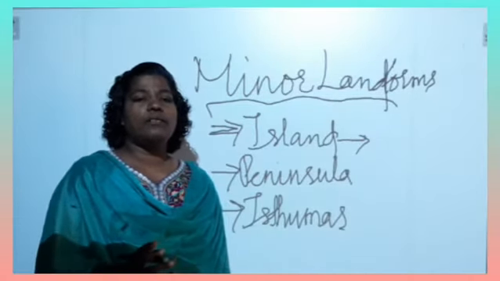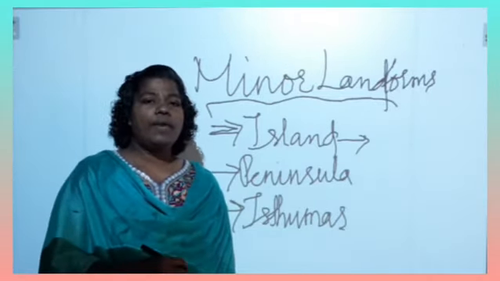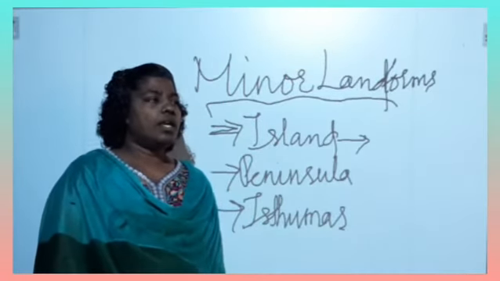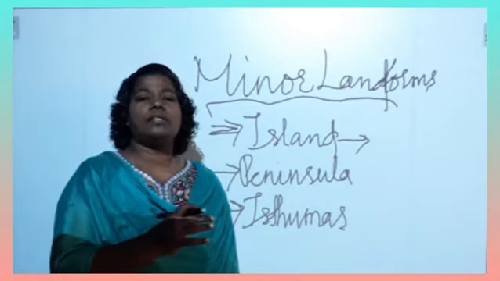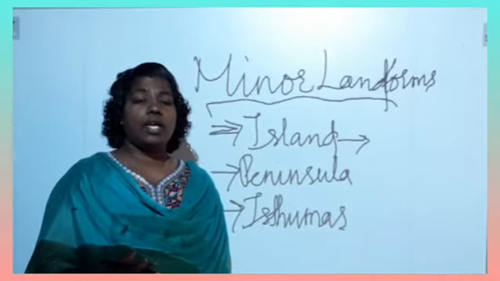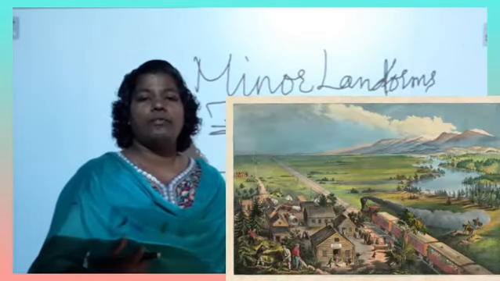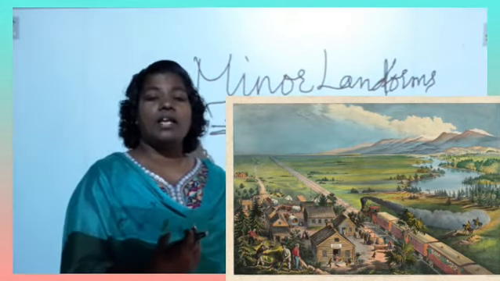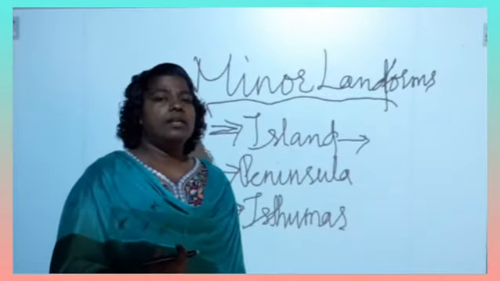So there is a lot of difference between the elevated region and the flat region, or the region which is very close to the sea. Some landforms are soft and some are rough. Some landforms are suitable for settlement and some are not, especially the high mountain region, which is not very suitable for human settlement.